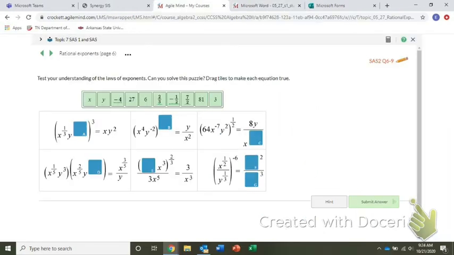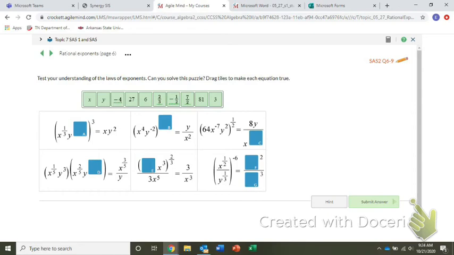All right, so number 6 is kind of like a puzzle, I guess. So you got to fill in the blanks. So on the first one, we're looking at the exponent that should be attached to the y.